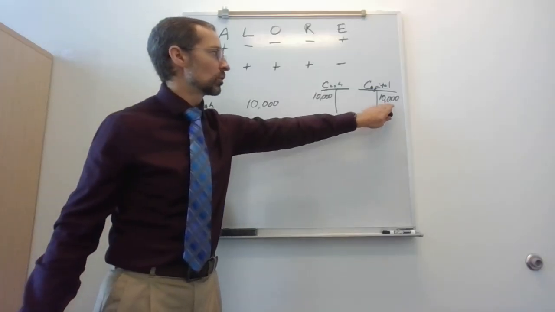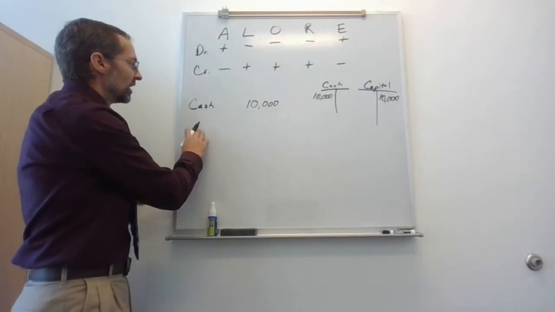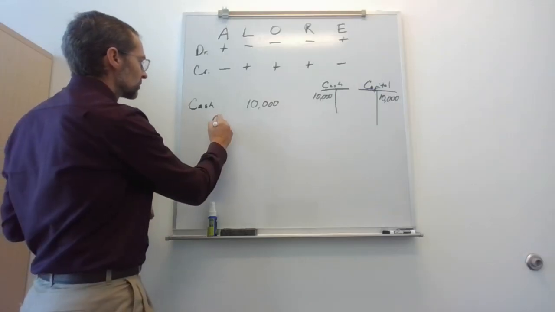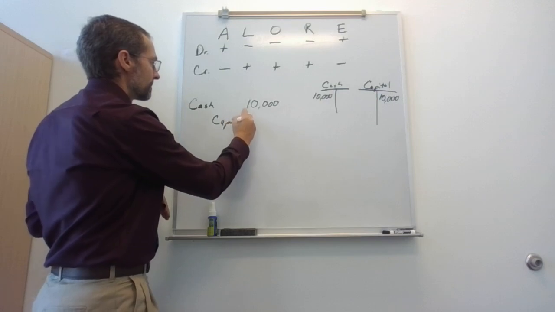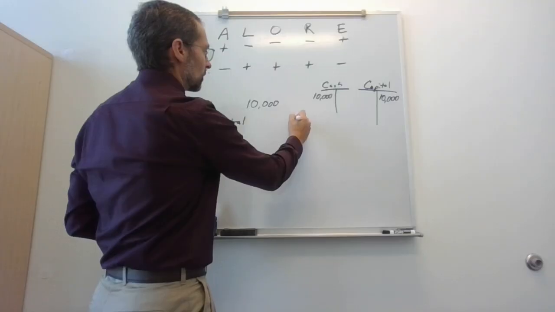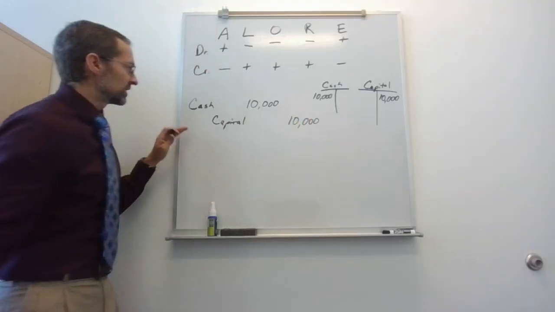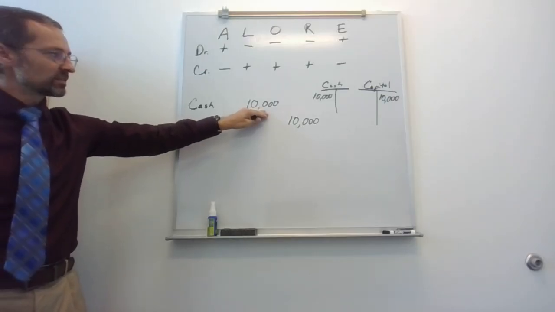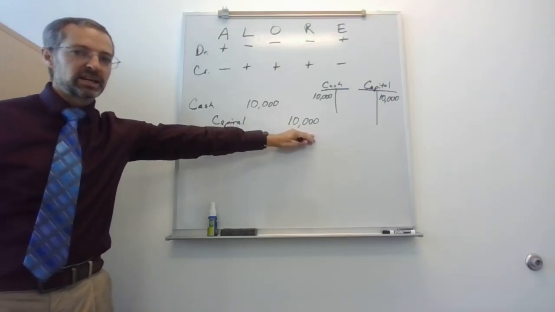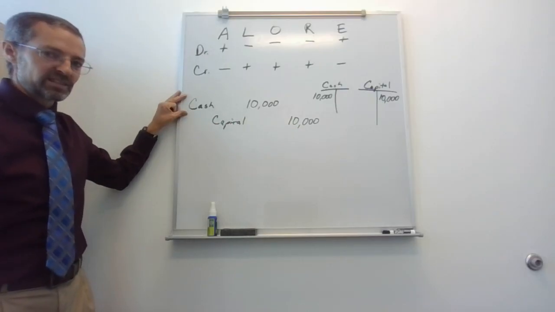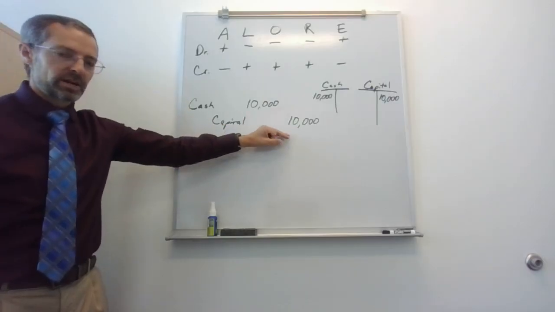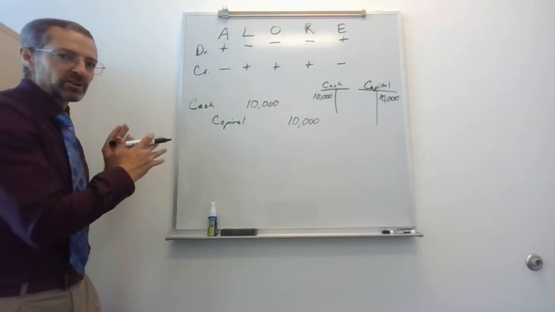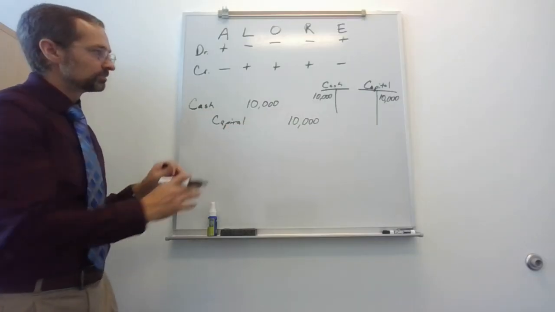In this case, we have a credit to capital of 10,000. To show that it's a credit, we are going to indent it a little bit. So we'll write capital. And we will leave a space here, but you see that since it's indented a little bit, the number for cash is on the left side, the number for capital is on the right side. Again, the left side is debit and the right side is credit. So our debits are all the way to the left and our credits are indented somewhat to the right.